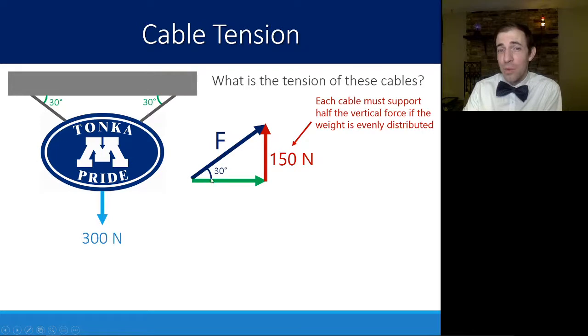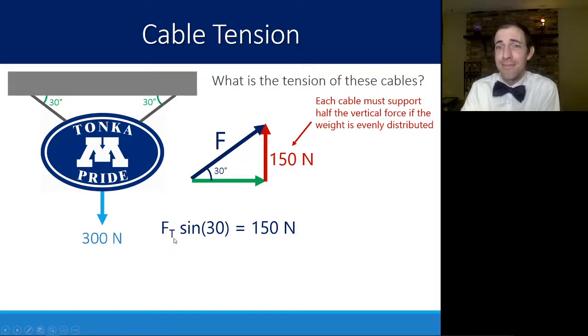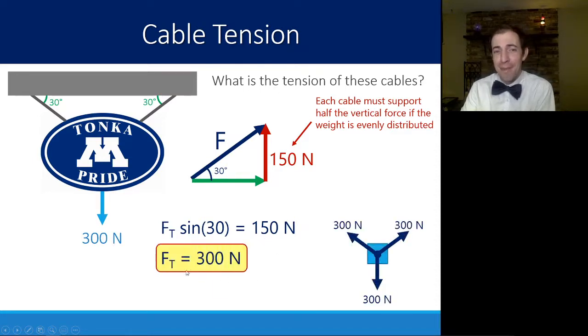Sine of 30 is 150 over F. So F multiplied by sine of 30 equals 150. If I want to find F by itself, F, or Ft in this case, is 300 newtons.